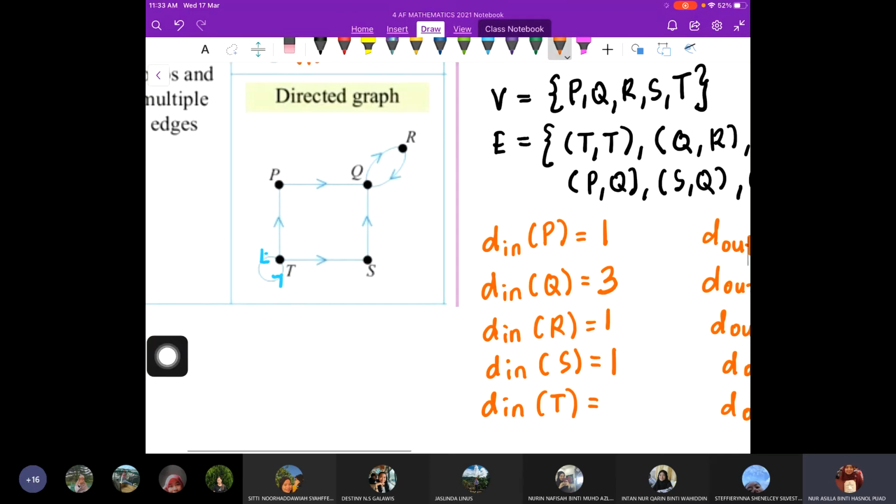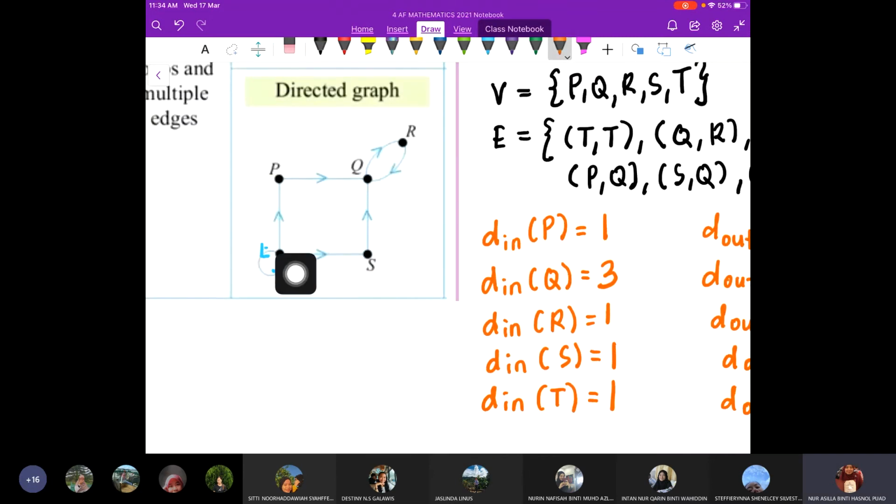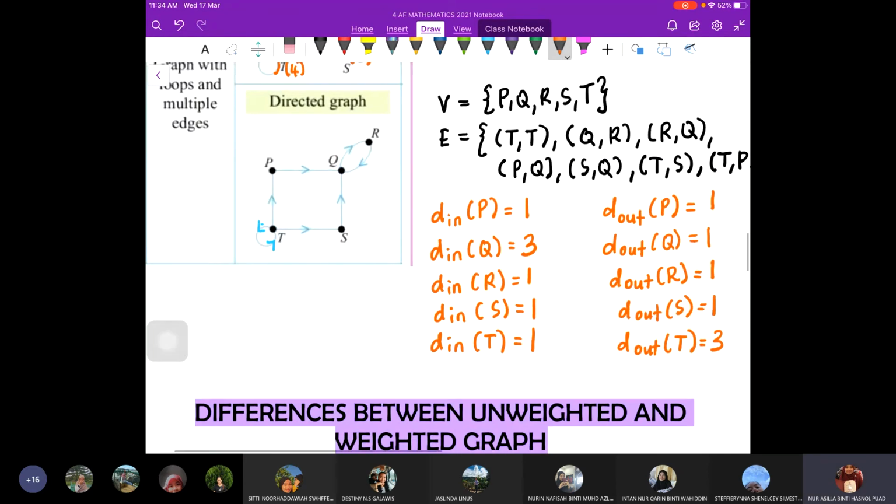So in will be 1. So out will have 1 on this side, and then going to S is 2, going to P is 3. So out will be 3. Okay, that's how you do it.